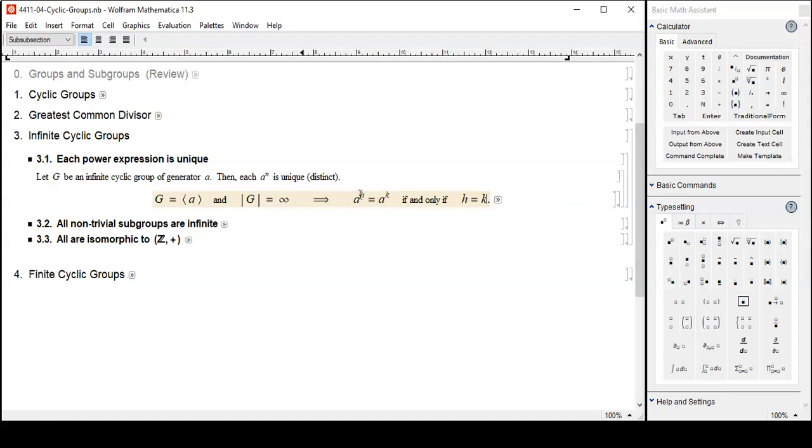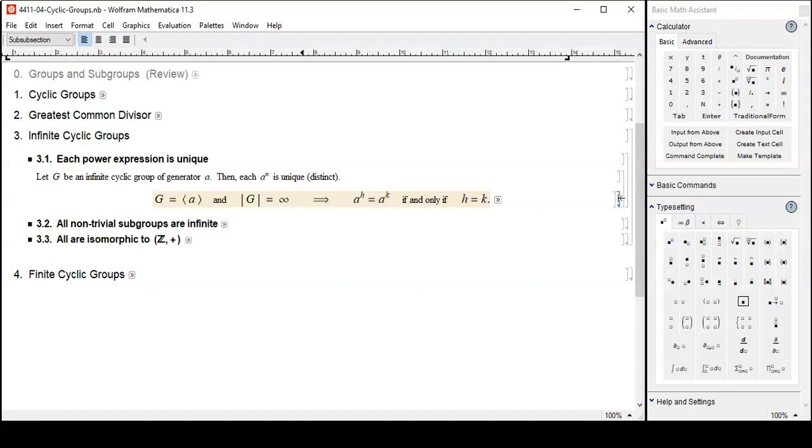Here I said a to the h power is equal to a to the k power if and only if h and k are the same, but you don't really have to worry too much about the if and only if. One direction is trivial. If h and k are the same, then of course these two are the same. It's the other direction that we have to work out.